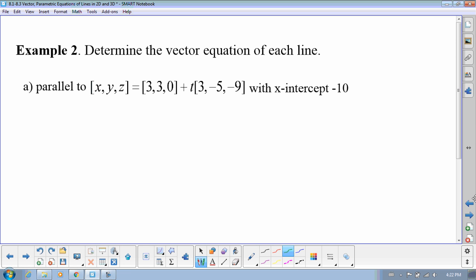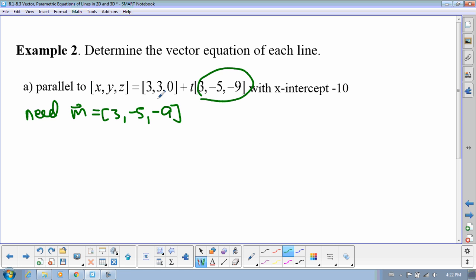Okay, so determine the vector equation of each line. So what do we need? Always ask yourself these same questions. You need to know the direction vector. So we need m. And in this example, this is m. So I know that that's (3, -5, -9). So it's parallel to this line, so that's what I need.